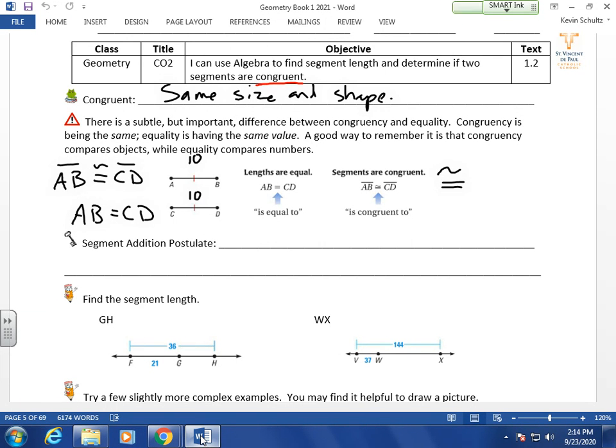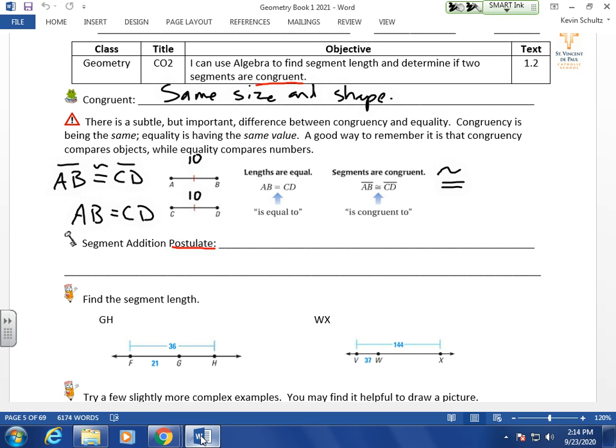Another word that you'll see very frequently is postulate. We talked about this a little bit with the math packet, but you should always be prepared to defend an answer. I think the example that we used was like in a court. If a lawyer said, my client is innocent because he looks innocent, well, you're not going to win a lot of cases, right? You have to be able to defend it.